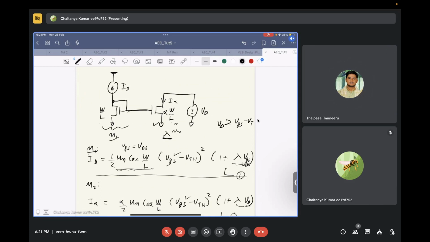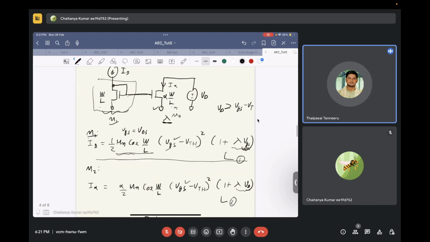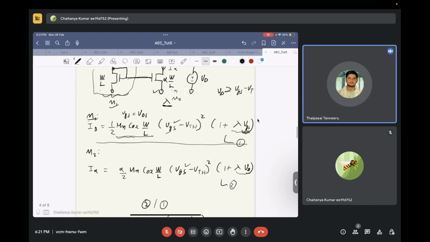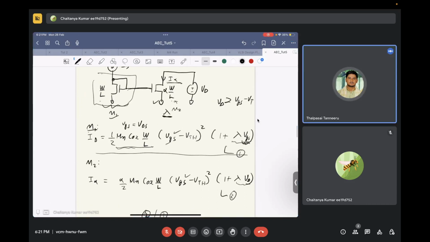ID is the current that you apply, and VGS is the voltage that gets developed for this diode connected transistor. VGS and VGS should be the same, ignoring the mismatches. So based on the W by L, we can vary the I alpha current, you mean? Yes, sir.